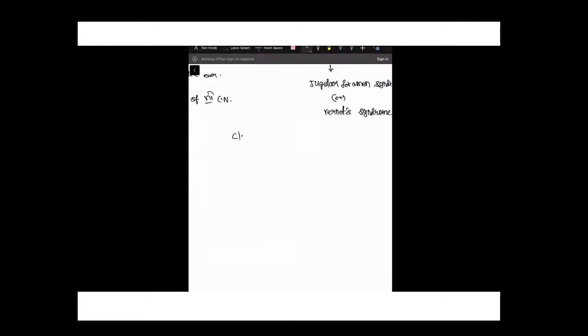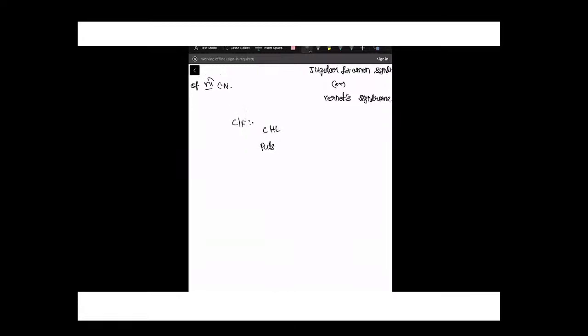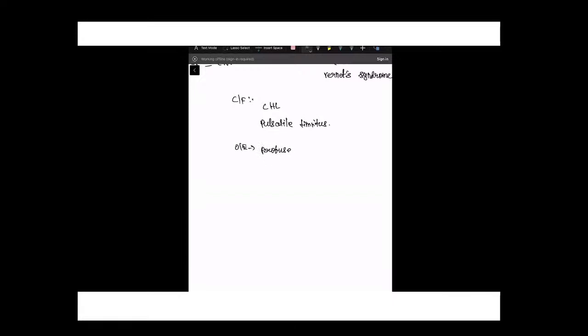The clinical features for both of them are conductive hearing loss and pulsatile tinnitus. On examination, we can see a profusely bleeding growth or a polyp.